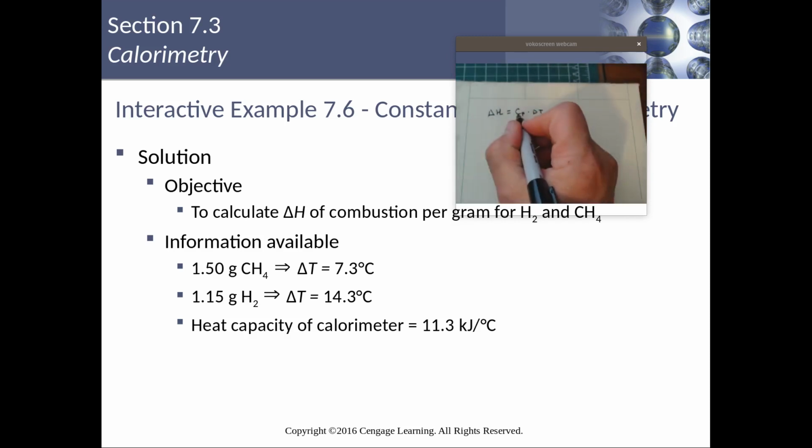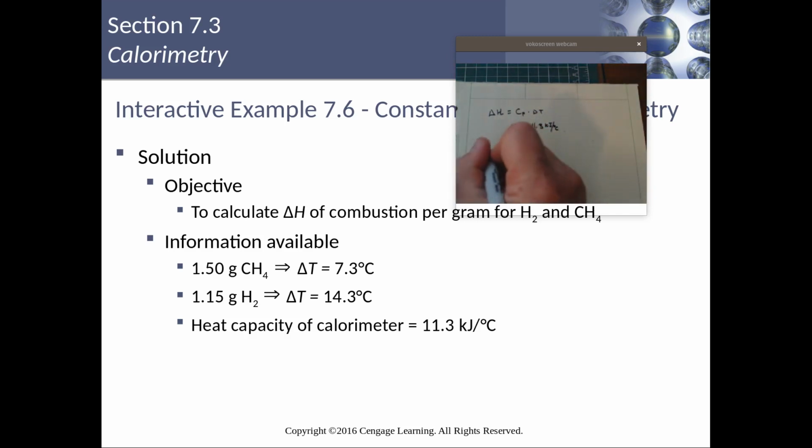So again, this is the constant pressure heat capacity of the calorimeter of the system. So C_P, the heat capacity of the calorimeter, is 11.3 kilojoules per degree Celsius.